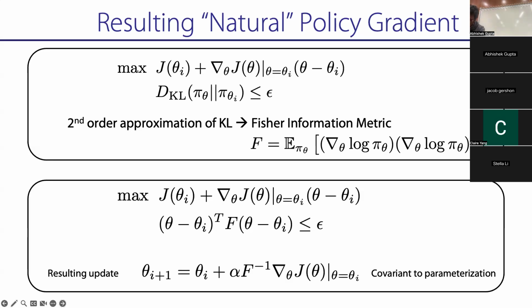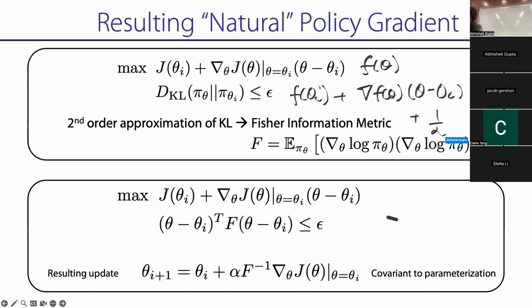Okay, so if I have some function f of theta, which in this case is our KL divergence between theta and theta i, the second order Taylor approximation is f of theta i, plus the gradient of f times theta minus theta i, plus half times theta minus theta i times the second derivative, the Hessian of f, times theta minus theta i.